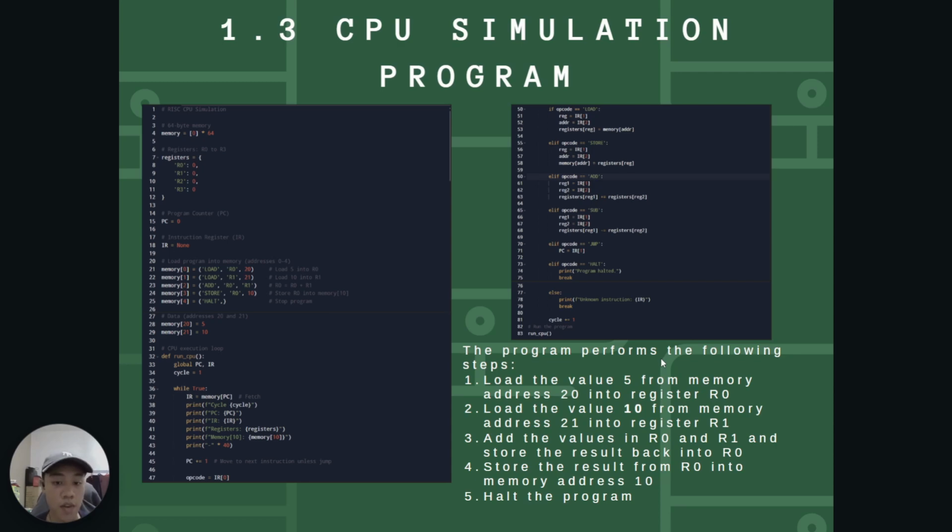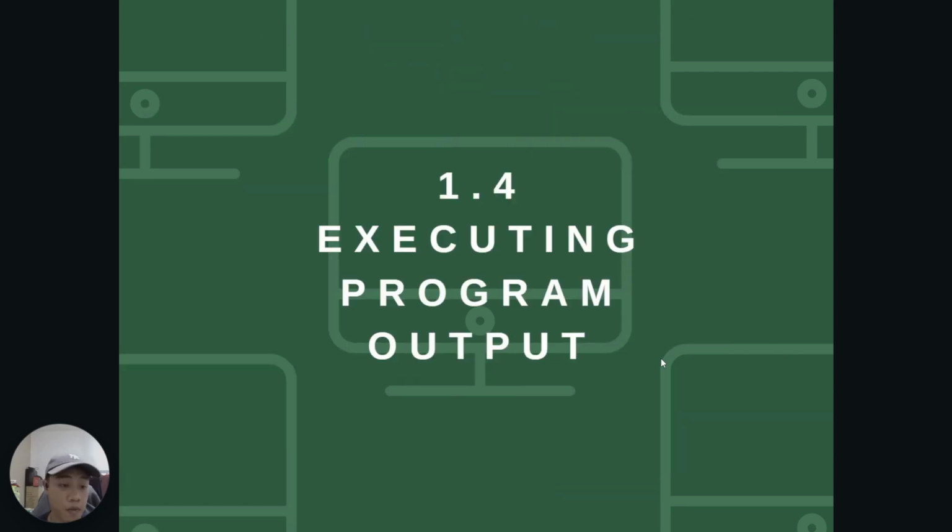Next, it loads the value 10 from memory address 21 into register R1. Third, it adds the values in R0 and R1 and stores the result back into R0. Number 4, store the result from R0 into memory address 10. And lastly, it will halt the program. That is all for my part.